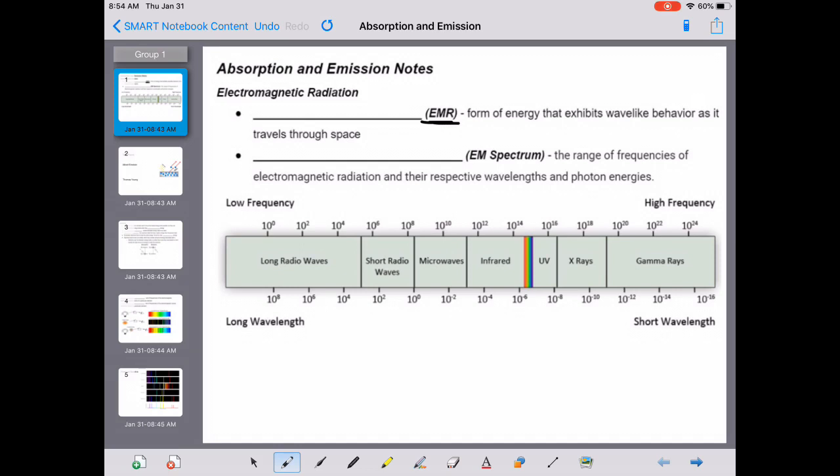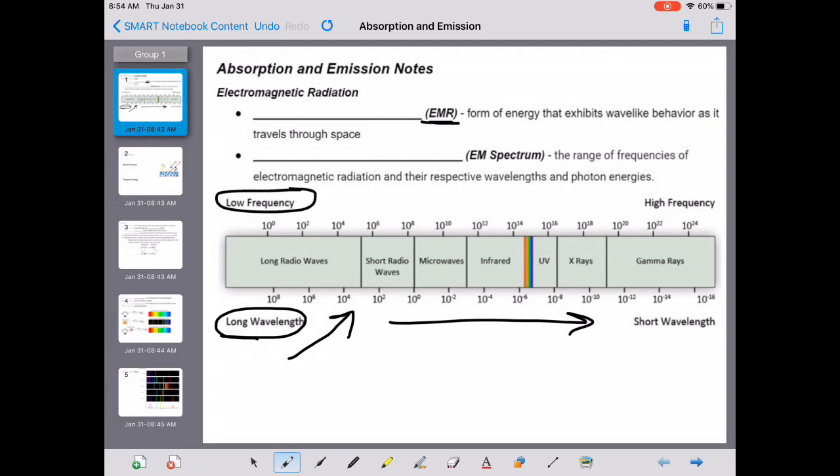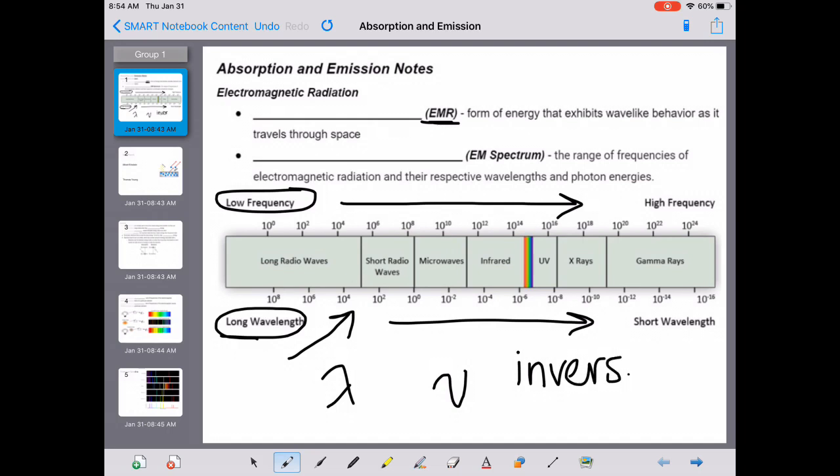As you might notice looking at the electromagnetic spectrum right here, as the wavelength of the electromagnetic radiation decreases, the frequency, which is shown at the top of the spectrum, is actually increasing. So wavelength we represent with a lambda, and frequency we represent with the Greek letter nu, and these are inversely proportional.